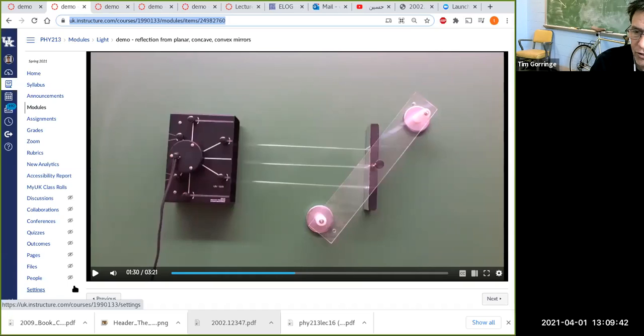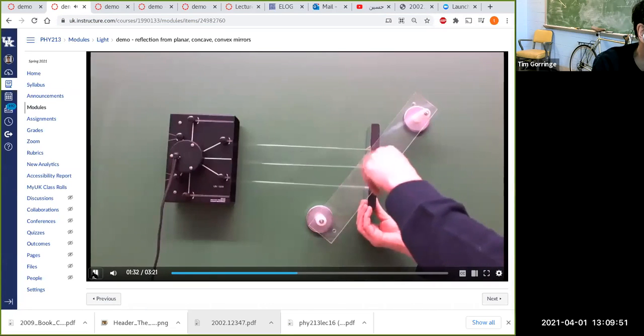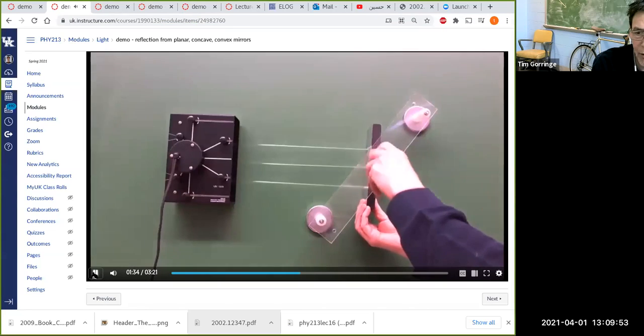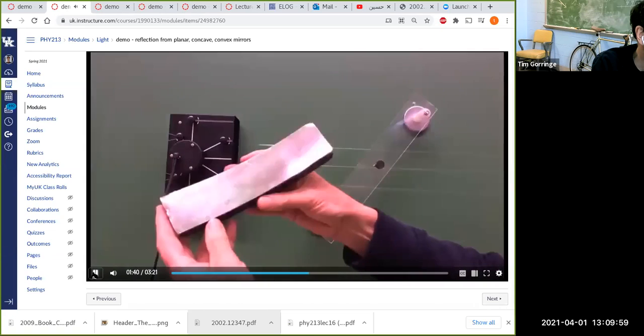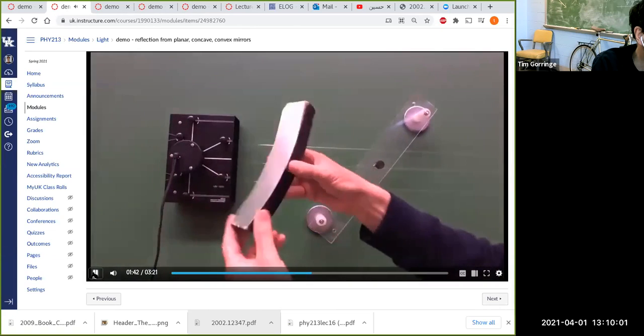And we watched the first episode, and it ended in this dramatic scene where we reflected the light off a planar mirror. And now we're going to learn what happens in episode 2. So I'm going to remove the planar mirror and replace it with a concave mirror. And here we are. Here's the concave mirror.